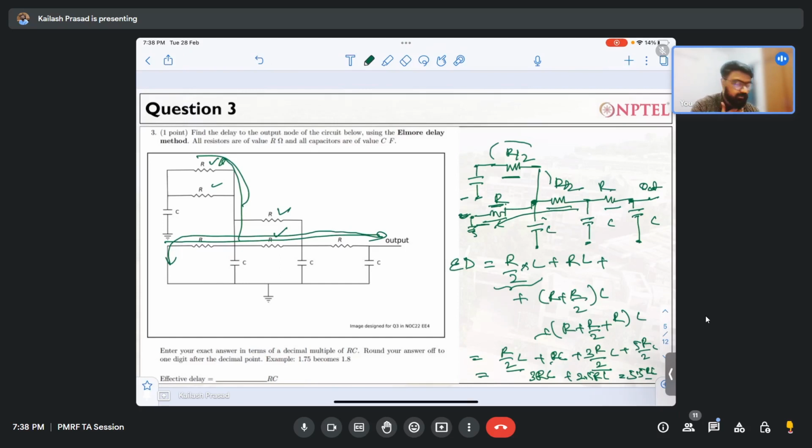It's a very famous equation, given very long back, and still being used. If you want to quickly find out the delay of the circuit, Elmore delay will help you. It is an approximate equation. You have to note that this is not an exact delay equation; it is approximate because it is linearizing everything.